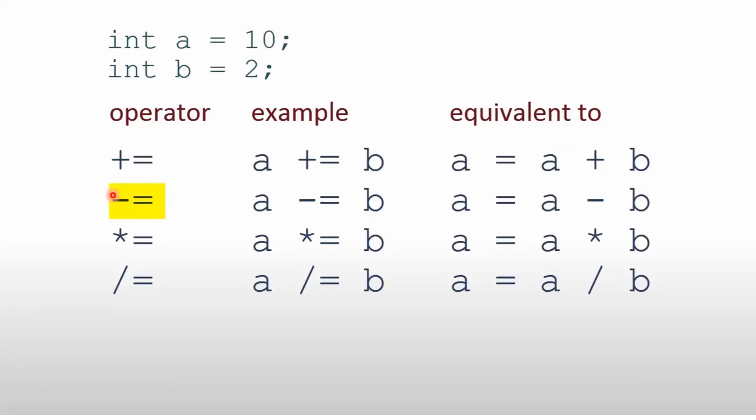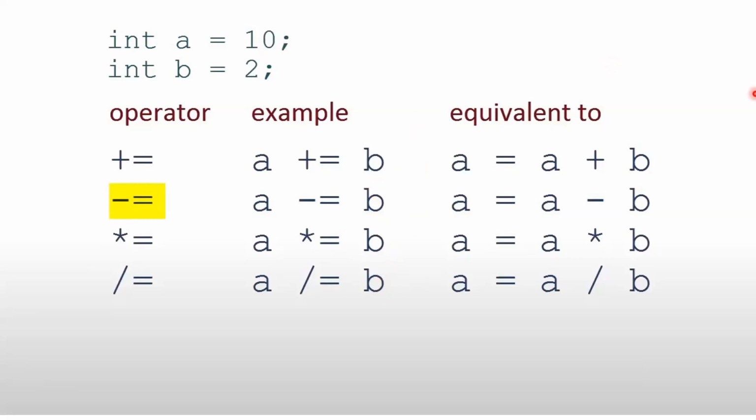Second operator is minus is equal to, a minus is equal to b, equivalent to a is equal to a minus b. In these examples, a is repeated 2 times. The next is asterisk is equal to, asterisk means, I repeat it, used for the multiplication sign. Example is a asterisk is equal to b. This one is the exact formula. Okay?